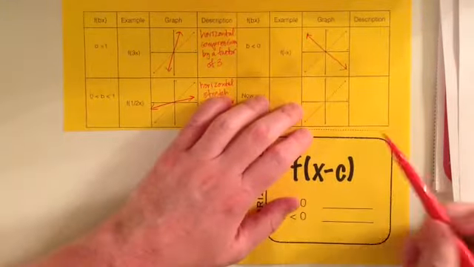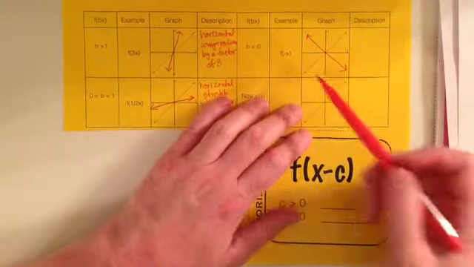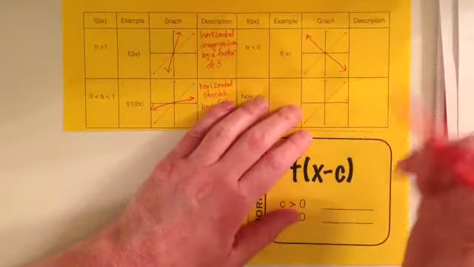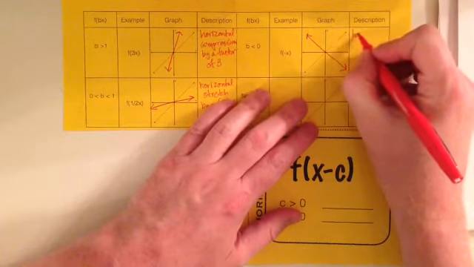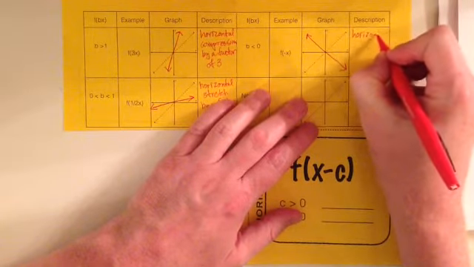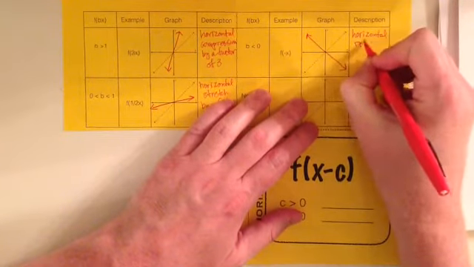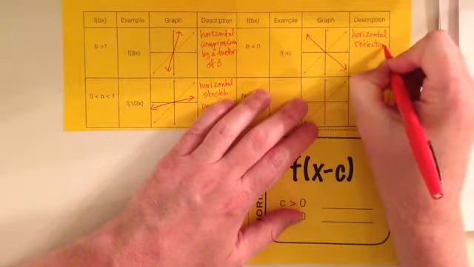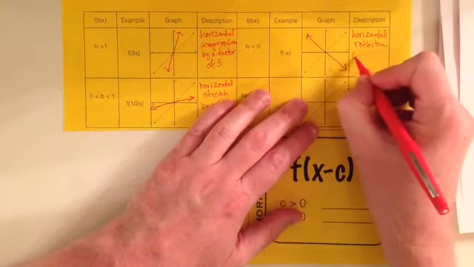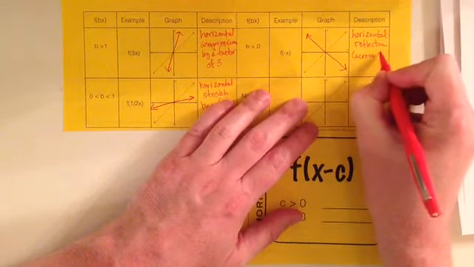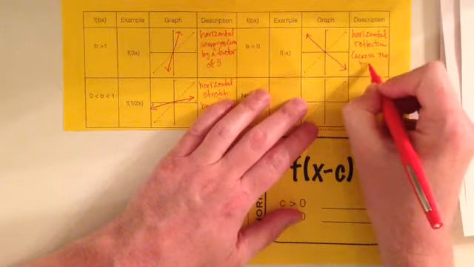It looks just like we reflected across the x-axis, but when we add more numbers to it, it's going to be reflected across the y-axis. So we call this a horizontal reflection across the y-axis.